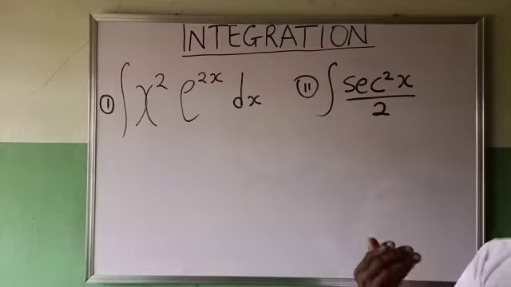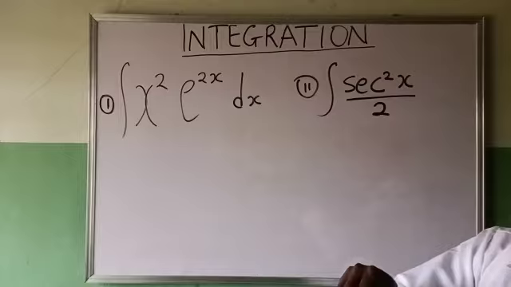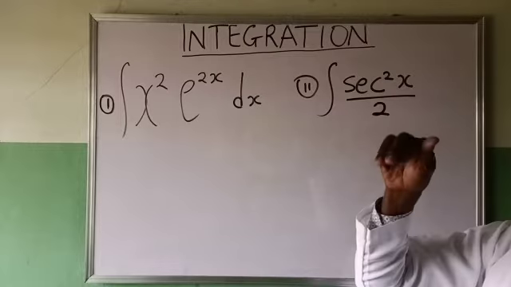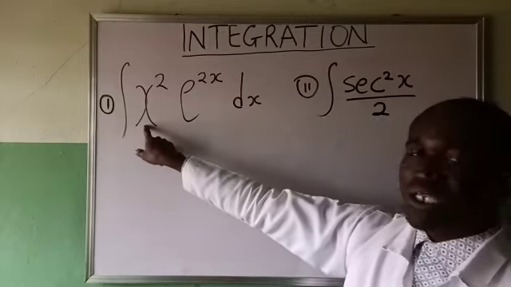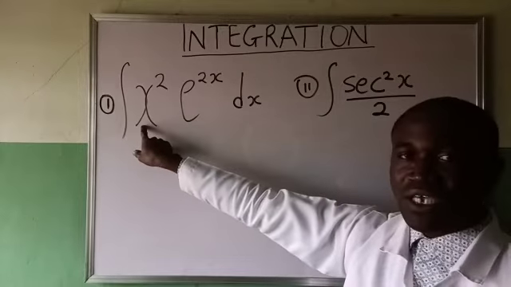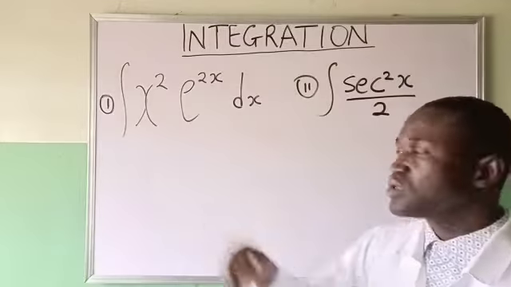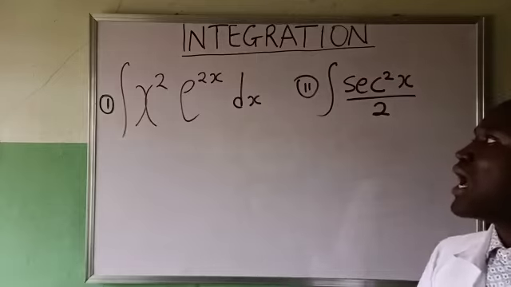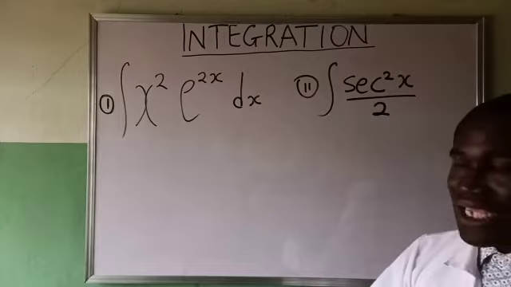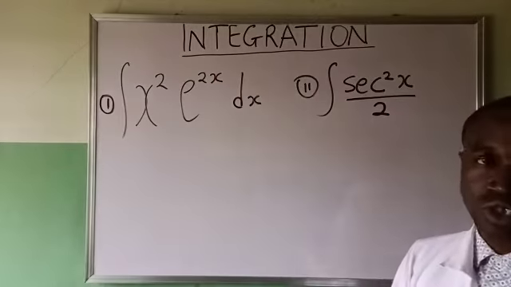But what will help you to know if you are using integration by parts or integration by substitution is when you differentiate one of the functions. If you differentiate one function and invert it and it is able to cancel the second one, it means use the substitution method.